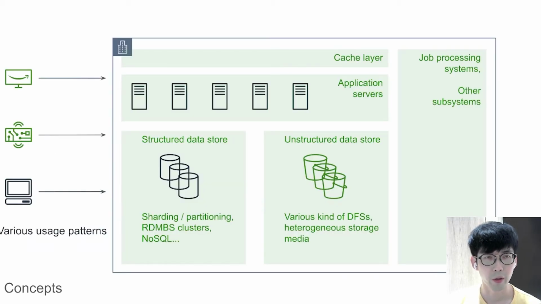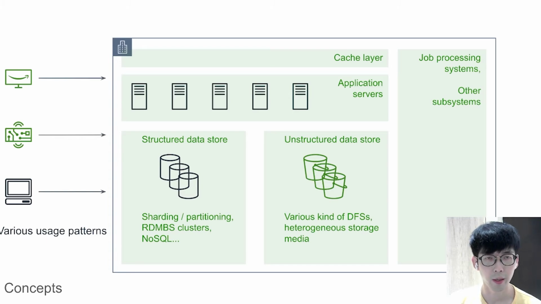This is what it looks like. I think it's a common architecture of a large-scale distributed system. At the top of the diagram, we have a reverse proxy and stateless application servers, which are responsible for receiving and serving user requests. At the bottom of the diagram, you can see we have various kinds of data technologies to store structured and unstructured data.